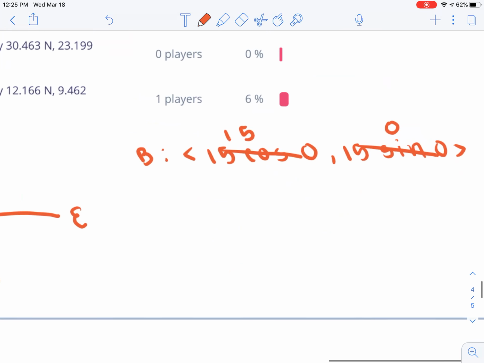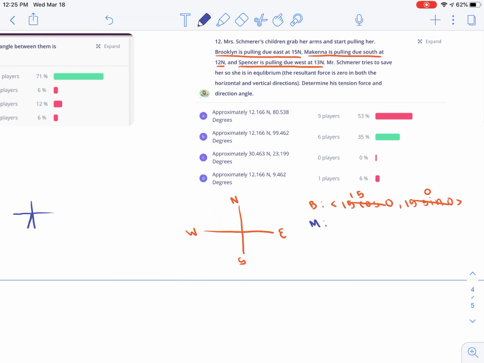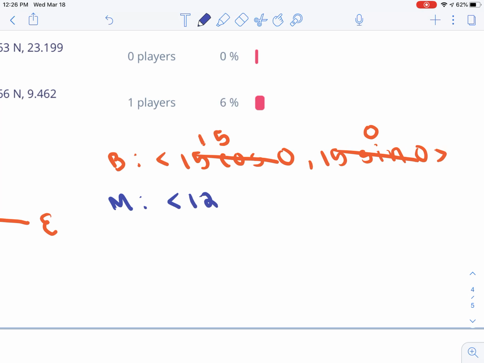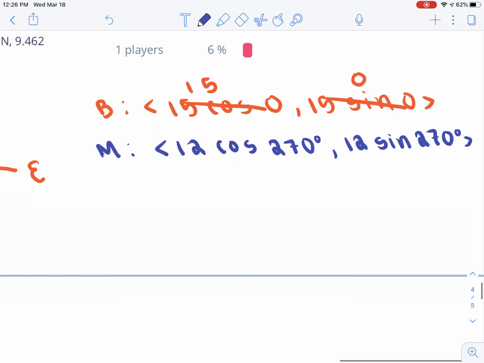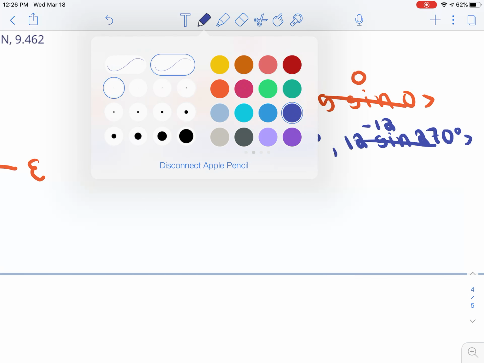Now, for McKenna, she is pulling me due south, and she is, what are we at? 12. So we have 12 cosine, and think due south would be 270 degrees, and then we can do that same thing with the sine. Now, cosine of 270 is 0, so this whole thing becomes 0, but sine of 270 is negative 1, so this becomes negative 12.